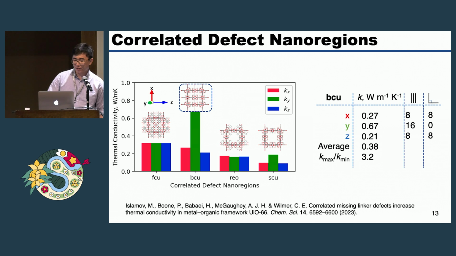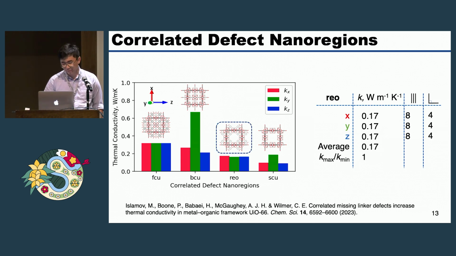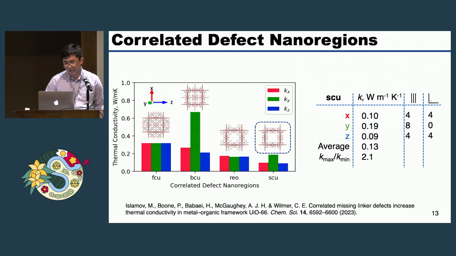However, they were parallel in the X and Z directions, so they acted as heat transfer pathways. Removing them, therefore, decreased the thermal conductivity in the respective directions. In the reo topology, it is again isotropic thermal conductivity, and a similar thing happened in the sqc topology, where the thermal conductivity in the Y direction improved a little bit, because these 4 removed linkers were perpendicular to the Y direction.